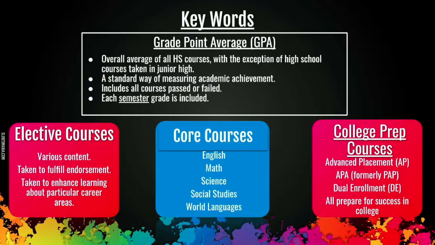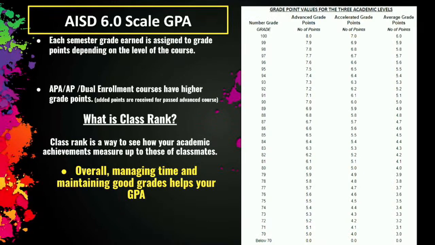So here's a little bit more information about the GPA. In Alvin ISD, we are on a 6.0 weighted scale. Each semester grade earned is assigned grade points depending on the level of the course. Let's look at an example here. Let's say, for example, your student earns a 95, okay? If this is an AP course, then your student will earn 7.5 GPA points.